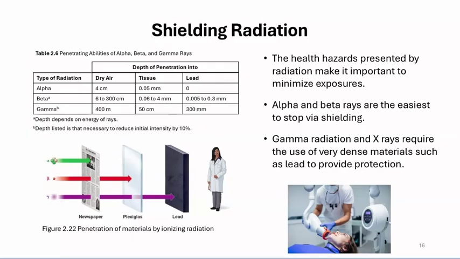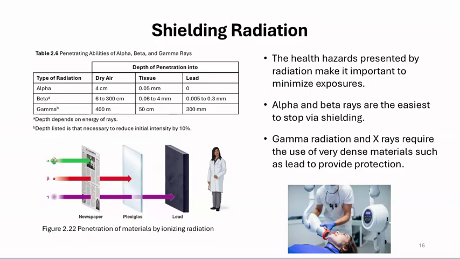So when we look at figure 2.22, we can observe that alpha particles can be shielded by newspaper, beta particles can be shielded by plexiglass, and gamma rays can be shielded by lead.